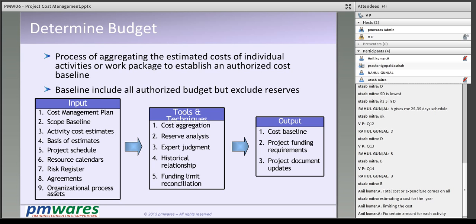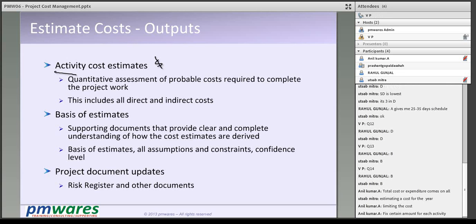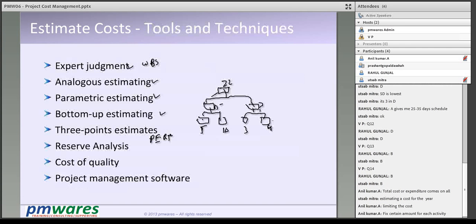We estimated each activity. If I go back, we have estimates for each activity. How do we come up with the overall cost of the project, the estimate of the project? When we sum it up, bottom up, sum it up. So then you are saying do this thing back to the activity, like in the previous one we did, right? Like here we did like this.